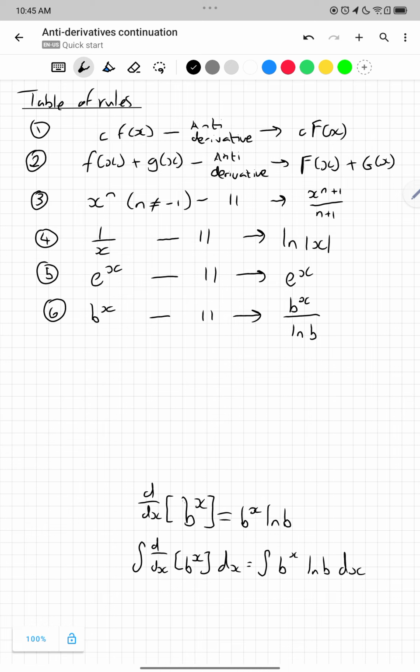So since ln b is a constant, the answer is equal to x. Deriving and anti-deriving, those processes cancel each other out.